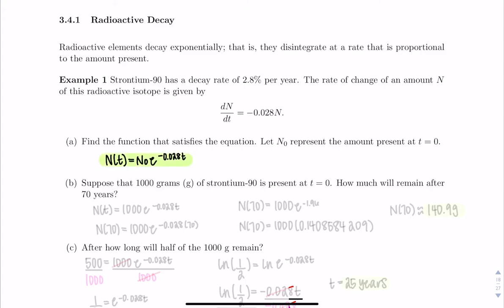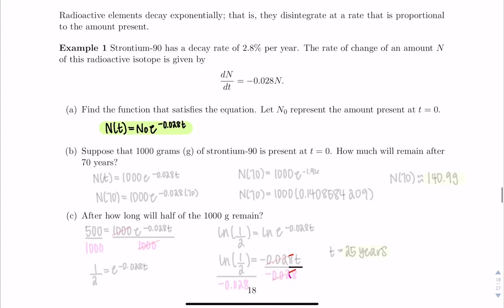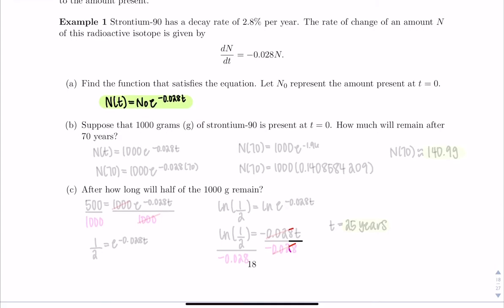So now that we have the formula, we can plug in different values for t, N0, or N(t). For part B, we're going to suppose that 1,000 grams is present at t = 0, which is the beginning amount. So we know that N(t) = 1,000 e^(-0.028t).